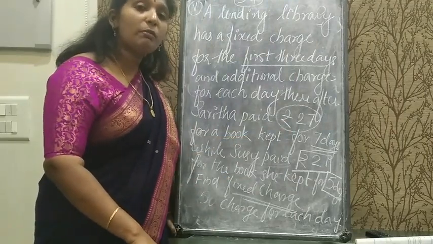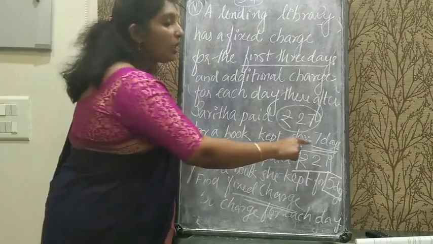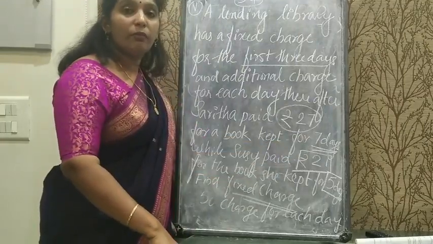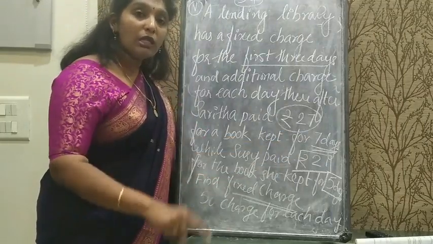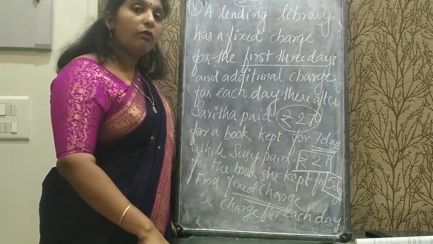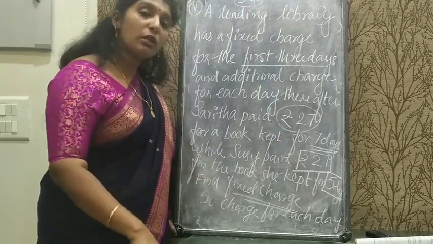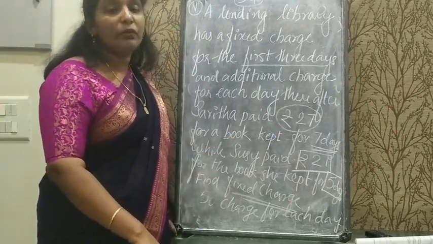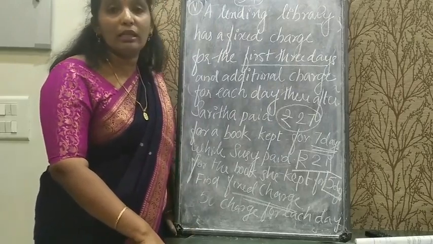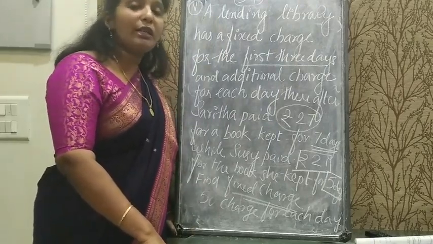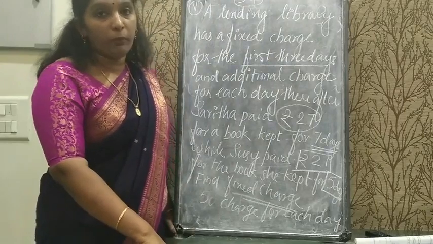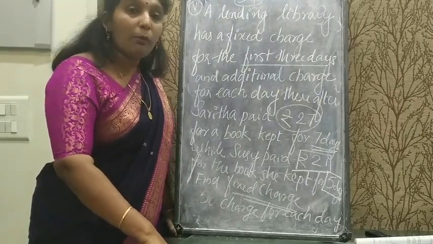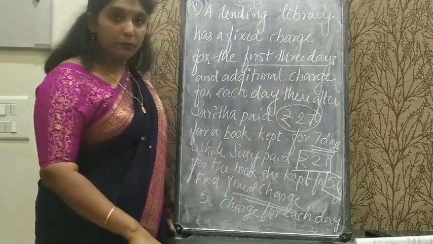The remaining days, that is 4 days, because in total she kept 7 days. So for those 4 days she has to pay an extra amount, and the total amount she paid is 27.